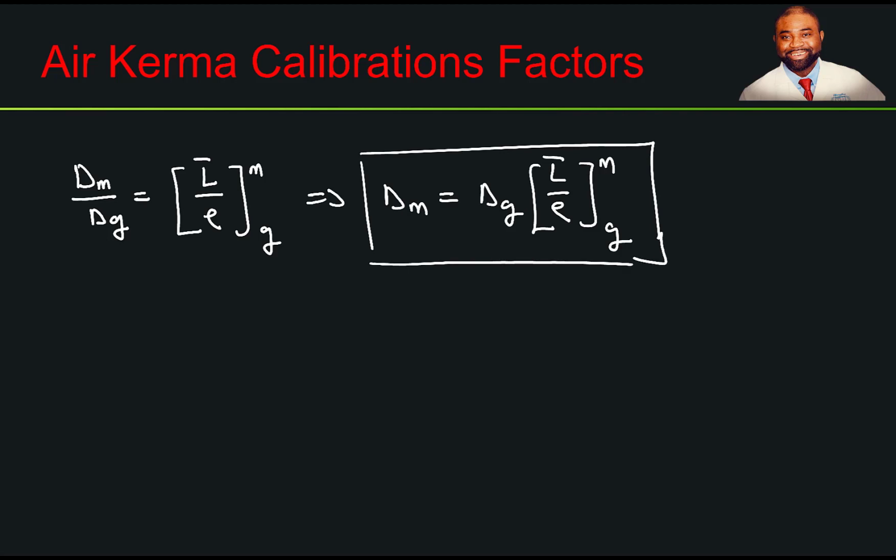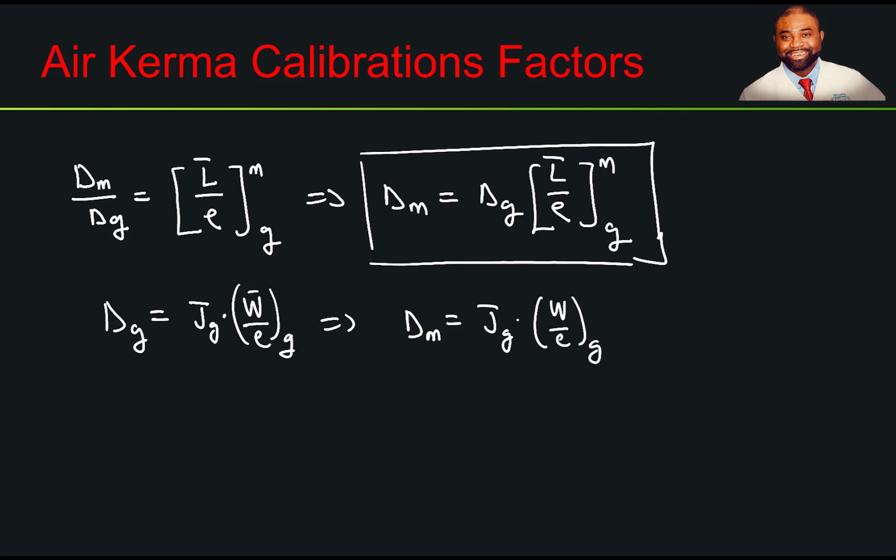But we have also seen that the dose in gas is equal to J_gas multiplied by W over E. So this implies that the dose in medium is equal to J_gas multiplied by W over E, multiplied by the ratio of the restricted stopping powers.